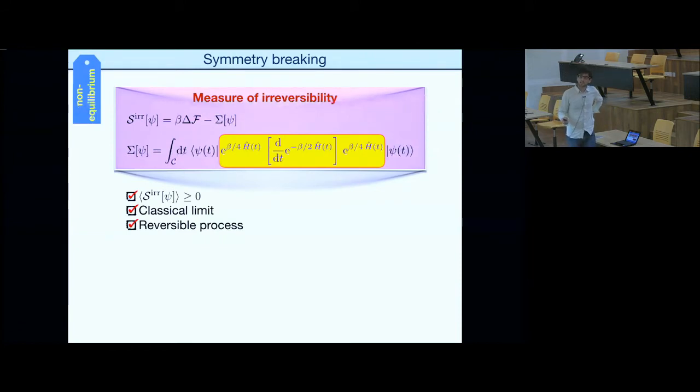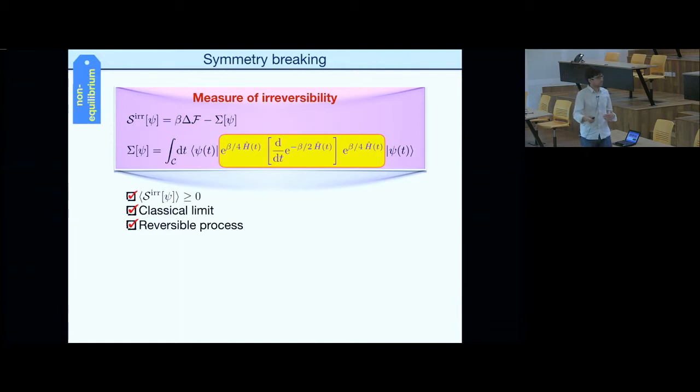You can check analytically that the average value of this quantity is positive, as you would expect for entropy production, as we already discussed in the classical case. The classical limit works perfectly; it gives you back what you expect classically. You can also work with very slow, reversible processes, and see that the average converges towards the usual quantum definition of work.